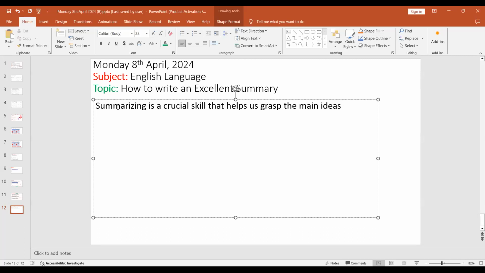That's what you're looking for, and the key points of a text without getting lost in the details.